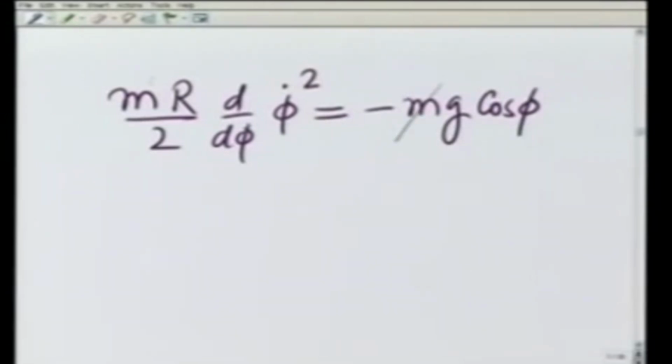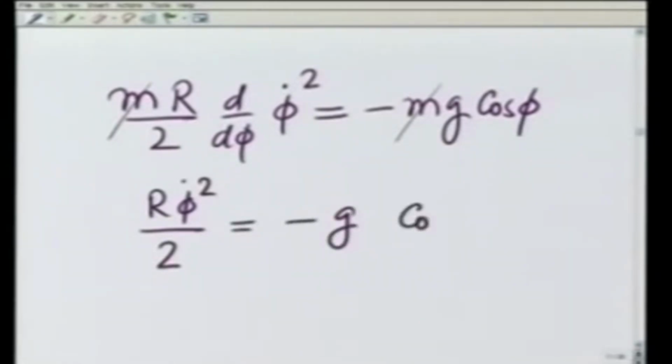m cancels, and therefore I have R phi dot square over 2 is equal to minus g integral of cosine of phi d phi. And remember, the particle is starting from the top, so that means it is starting from pi over 2 and coming up to some angle phi.